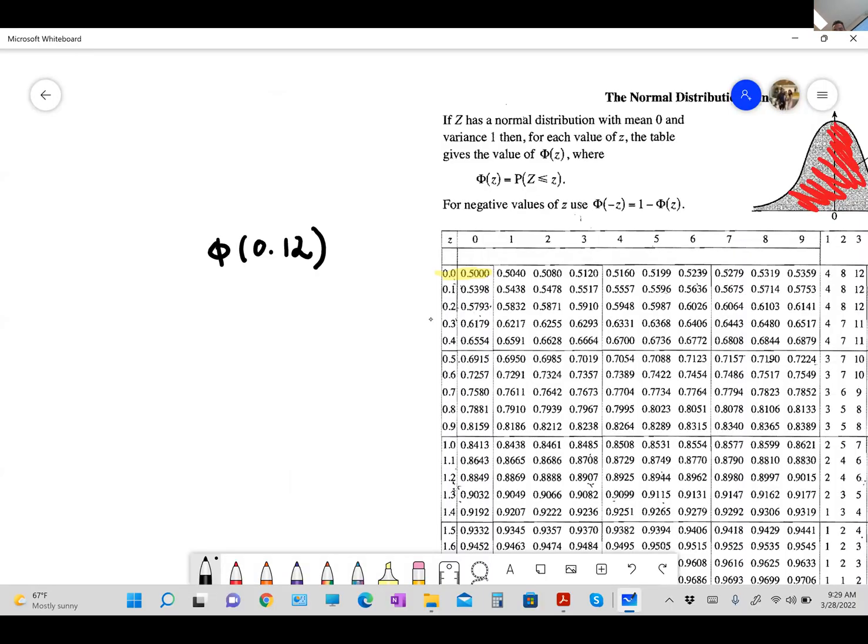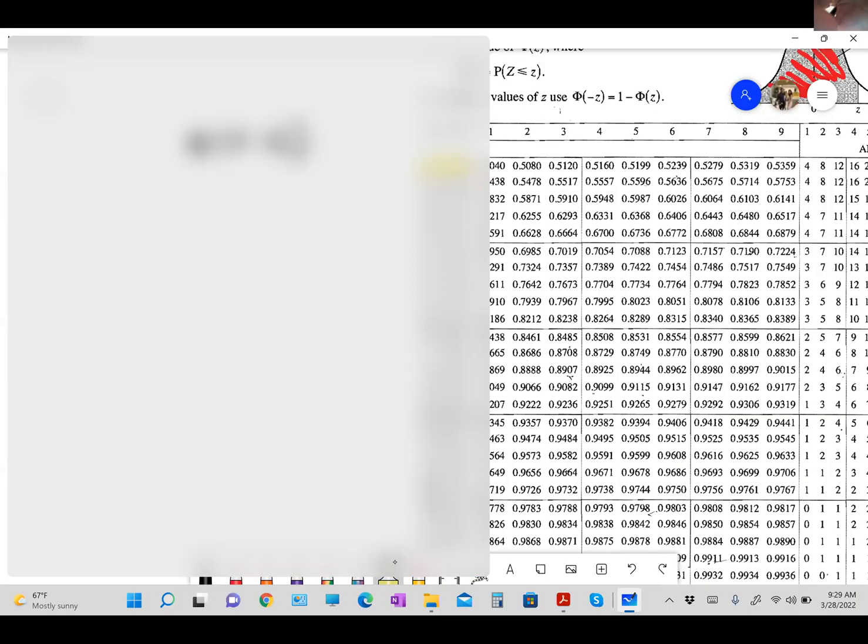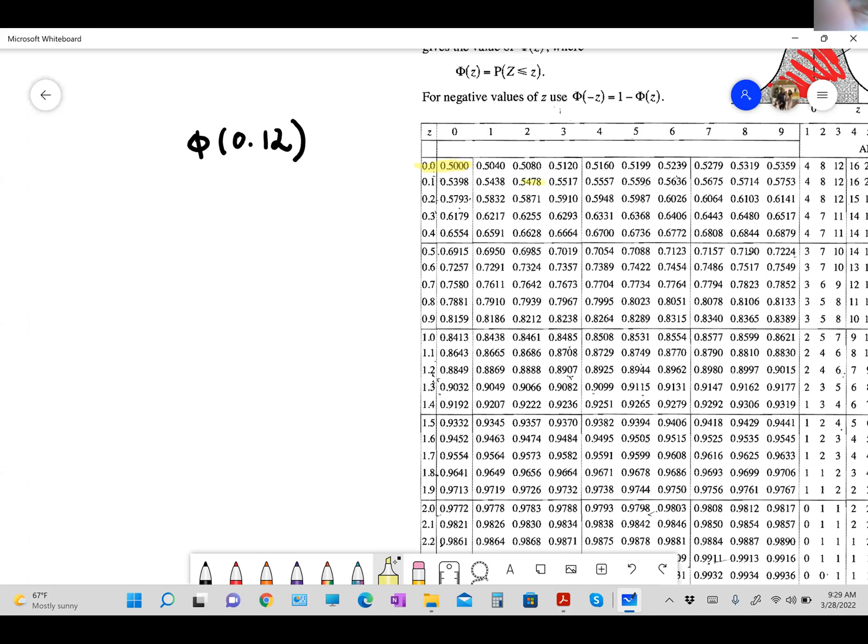It'd be 0.5478. Now, if I ask you for the phi of 0.123, then you have to come over here and say, fine, I know what 0.12 is, but now I have to go back and highlight this one all the way over here.